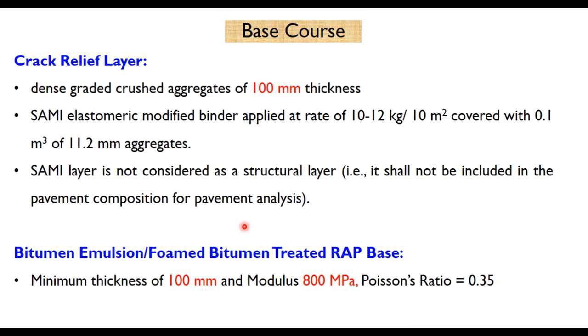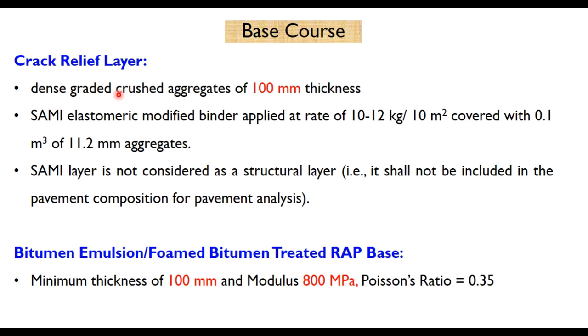In case of pavement with CTB, a crack relief layer between the bituminous layer and the cementitious base will delay the reflection of cracks from the CTB layer to the bituminous layer, and therefore it is extremely important to provide a crack relief layer between the bituminous layer and cement treated base.